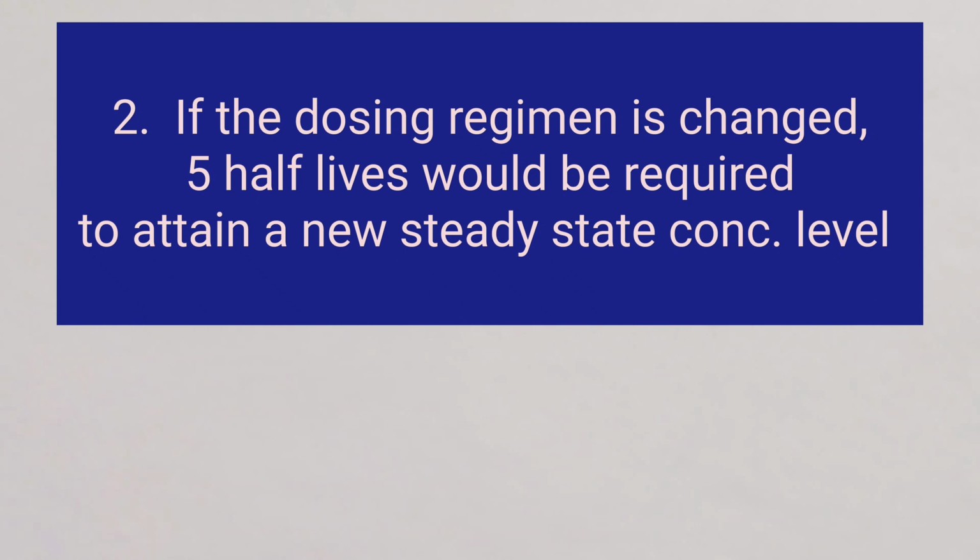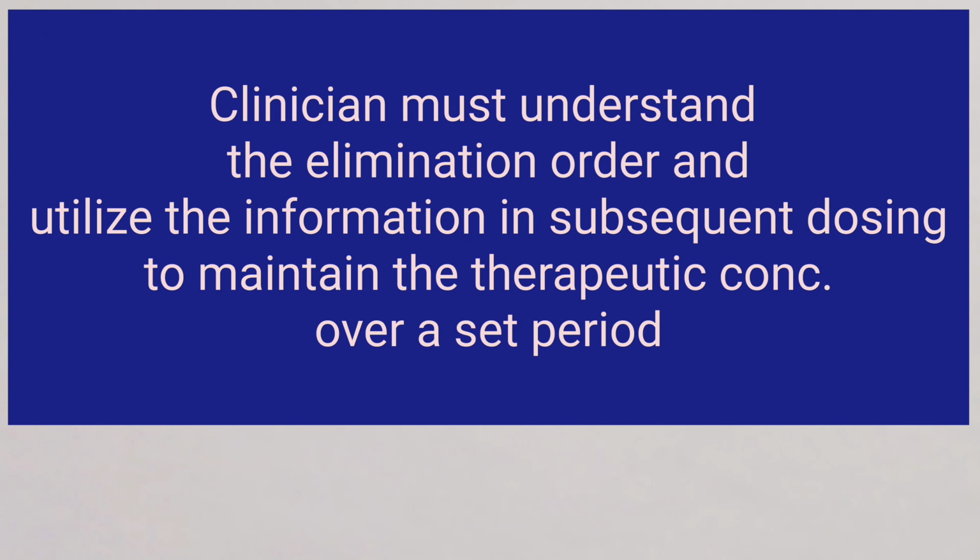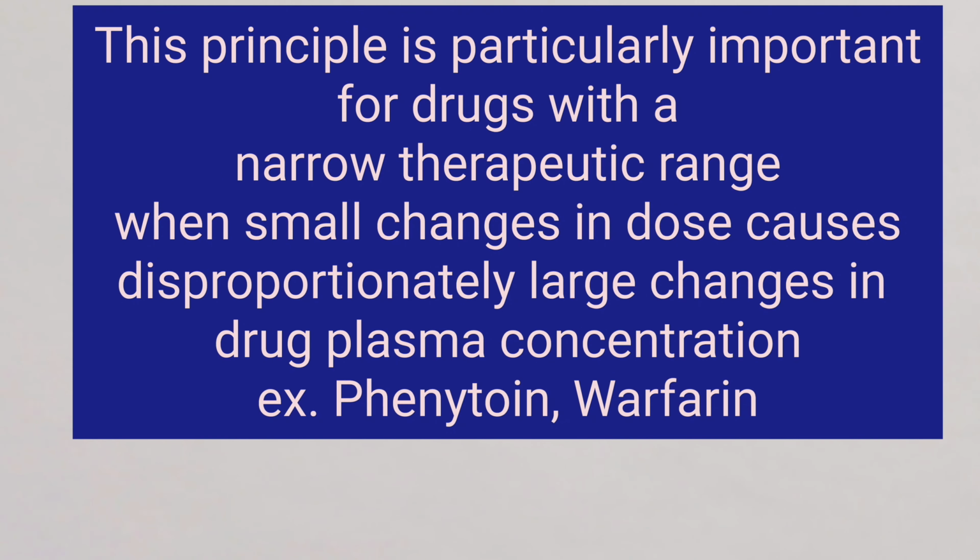So the previous steady state concentration changes to a new steady state and the time taken would be 4 to 5 half-lives. So this principle should be kept in mind when the physician makes changes in the dosing regimens, and this is particularly important for drugs with a narrow therapeutic range when relatively small changes in the dose will produce a disproportionately large changes in the drug concentration.